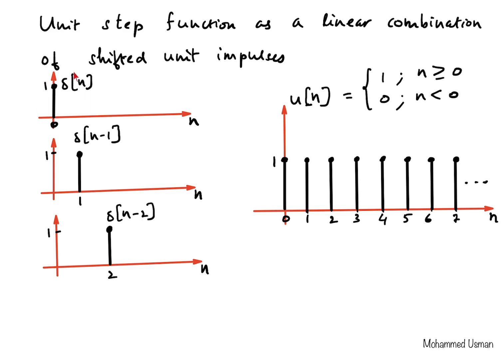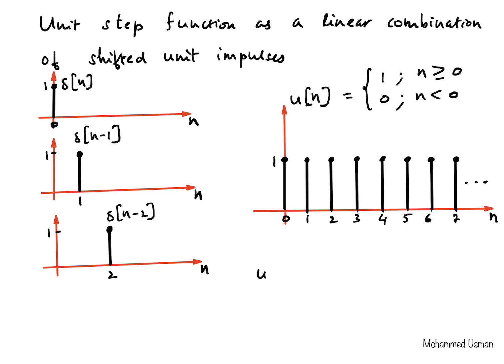That's the impulse without any shift. That's an impulse shifted to the right by 1 index unit. That's an impulse shifted to the right by 2 units and so on. So basically, if we add these all together, we will get the unit step function.